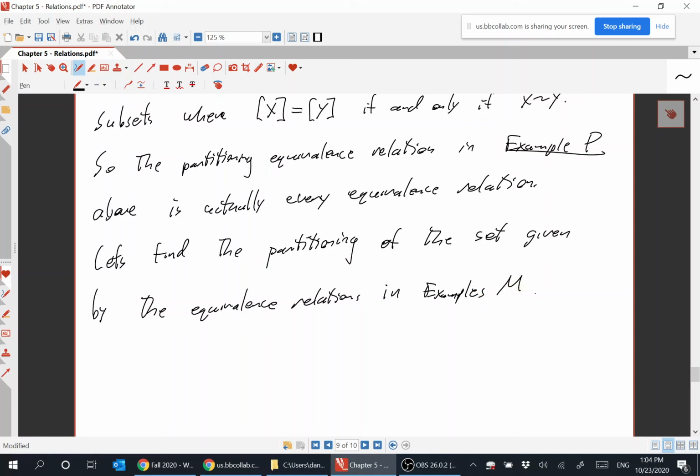So there's a modular one, and we'll call it S for symmetric difference.